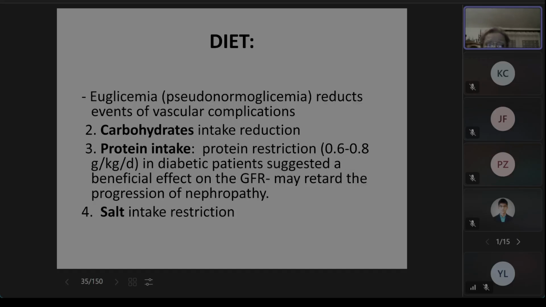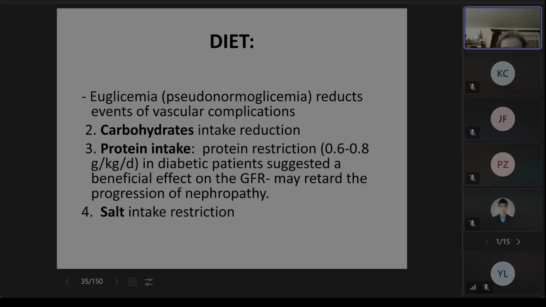It is also worth highlighting that in all patients suffering from every kind of nephropathy, especially hypertensive or diabetic nephropathy, it is very important to reduce the salt intake, because salt intake leads to hypertension.